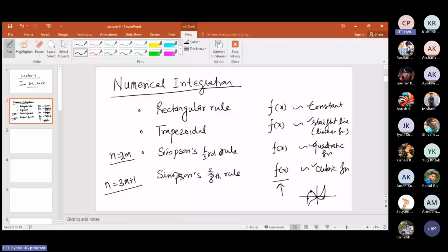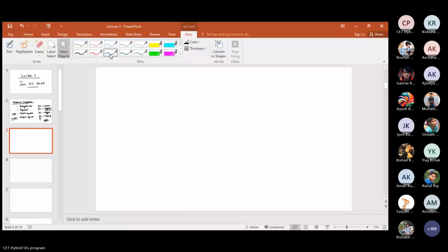So what is this Simpson's 3/8 rule? What does this rule say? First thing, in this rule, the number of partitions must be equal to 3m, a multiple of 3.